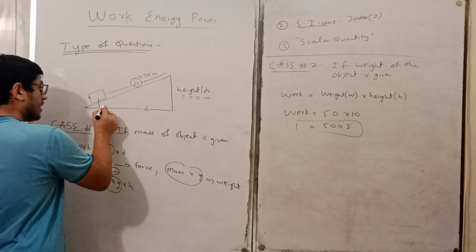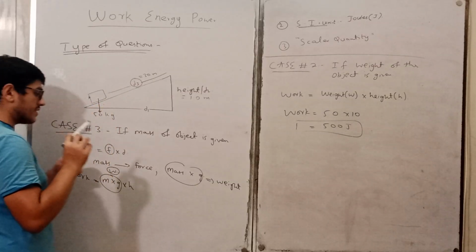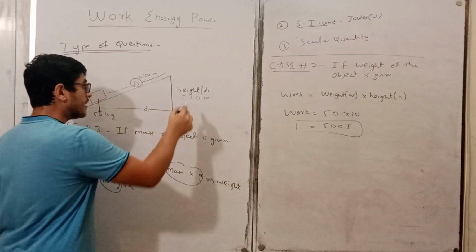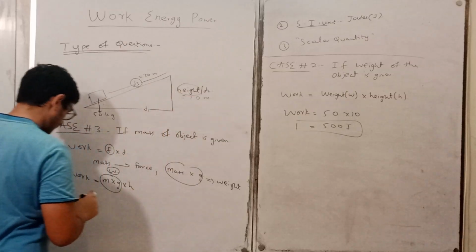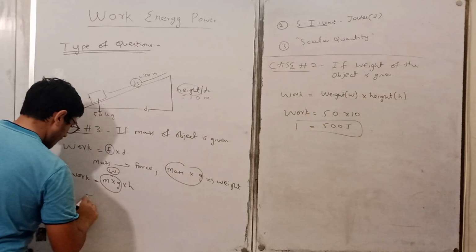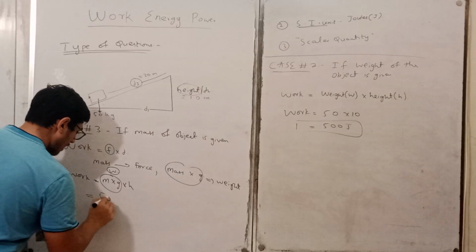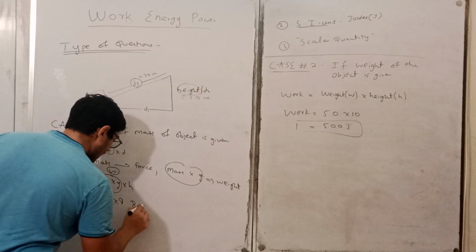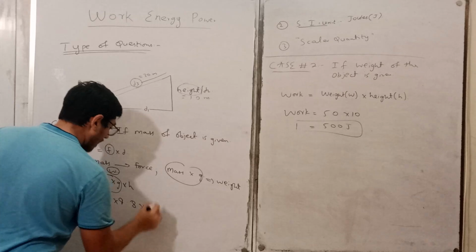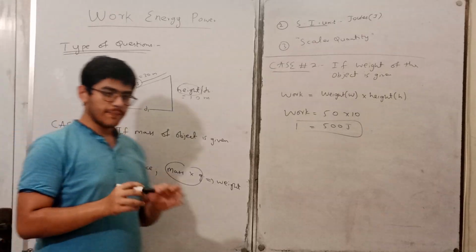And since weight is a vertically downward acting force, we will consider the displacement parallel to weight, that is the height covered by the object. Therefore, it will be 50 into 9.8 into 10, and the answer will be your work done.